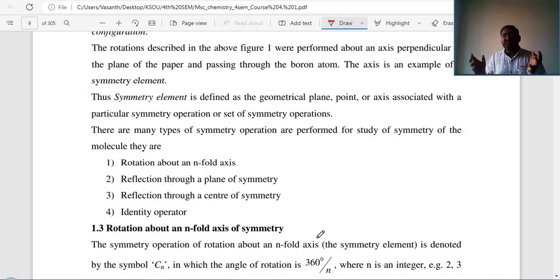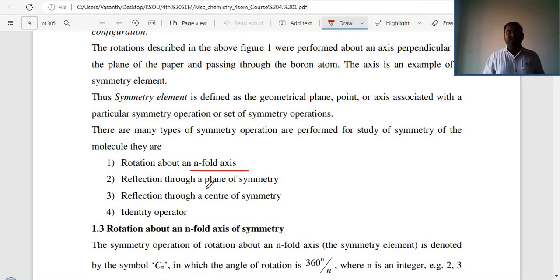There are many types of symmetry operations performed for the study of symmetry of a molecule: rotation about an n-fold axis, reflection through a plane of symmetry, reflection through a center of symmetry, and the identity operator. These are the different symmetry operations.